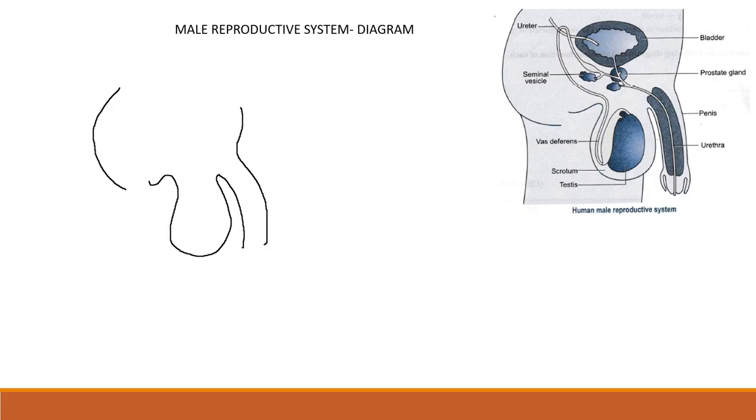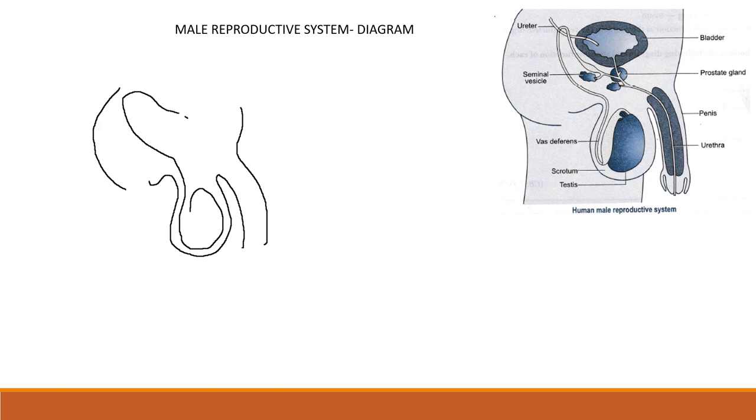Fine. Now you have to draw the testis. For that, draw a circle like this. Don't join this, okay, and just take over here and then just leave it here.